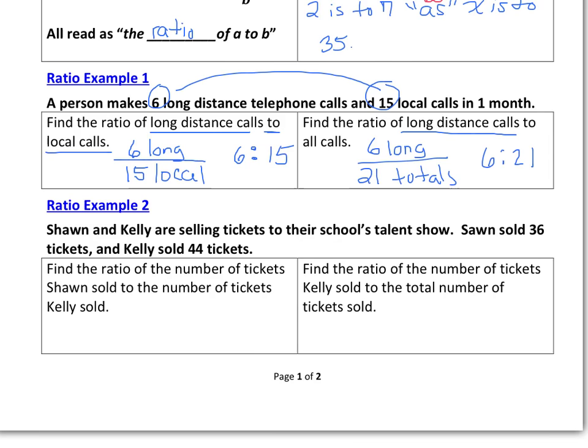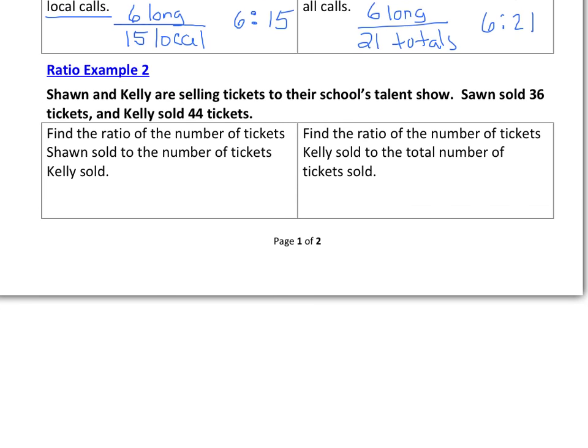Okay, let's try another example. Example 2. First let me read the prompt here. Sean and Kelly are selling tickets to their school's talent show. Sean, and I have a misspelling here, Sean sold 36 tickets and Kelly sold 44 tickets. The prompt is find the ratio of the number of tickets Sean sold, that phrase came up first, that means that's the numerator, to the number of tickets Kelly sold.